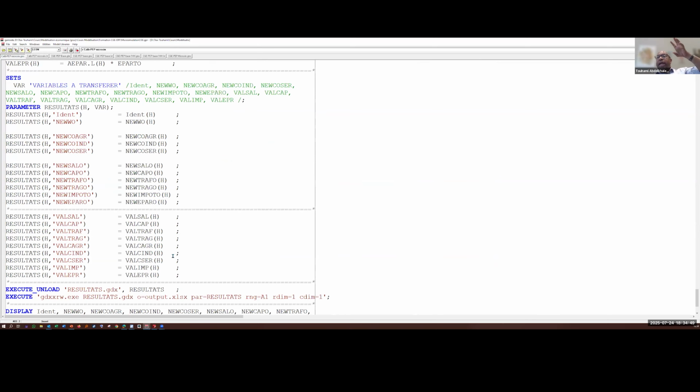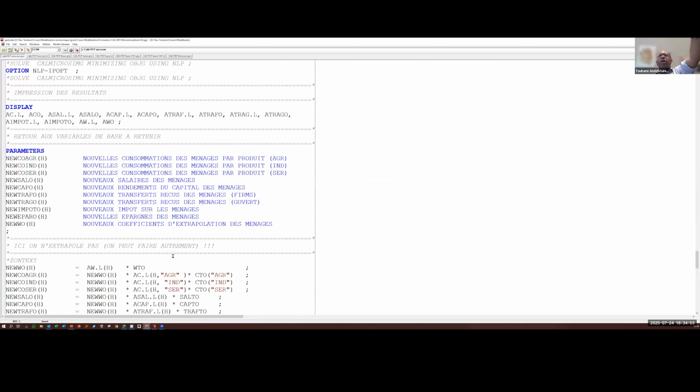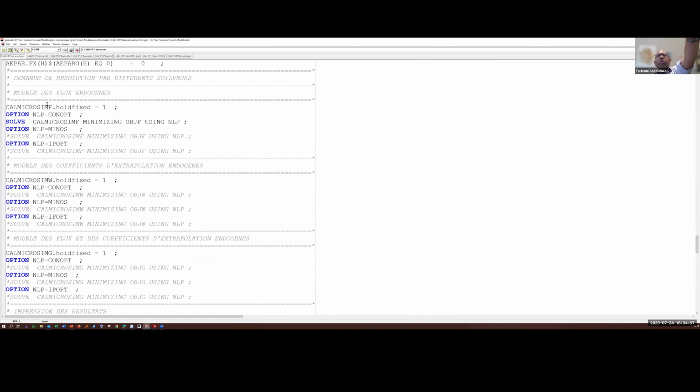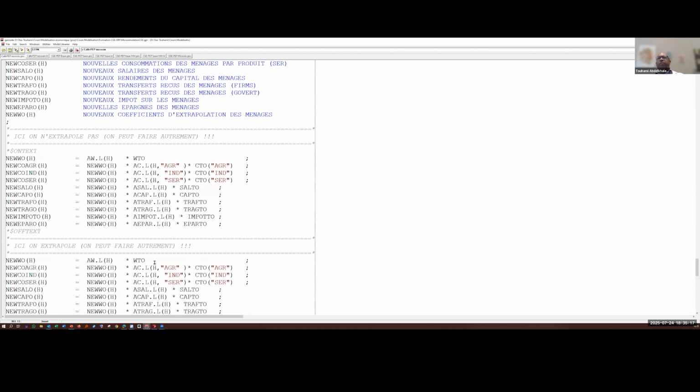Now, we can solve the model, as I told you before, for the flow, and we can do it for the weight, and we can do it for the global one where we change simultaneously flow and extrapolation weight.